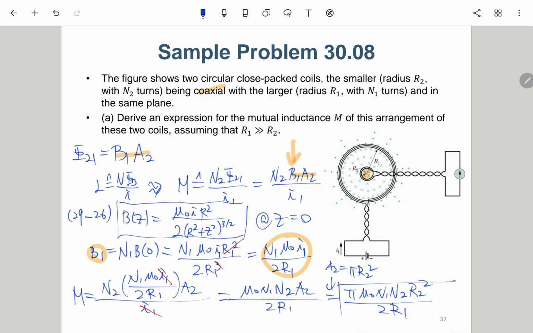Okay, so this is the expression we would like to find. Yeah, so we can quickly finish this one.